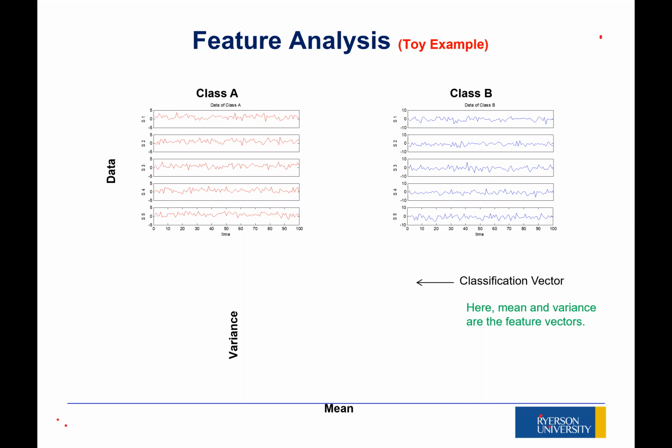So if we were to extract two features, mean and variance, for each of the signals, we will call these features, and we will plot them in a two-dimensional plot like what's been given there.